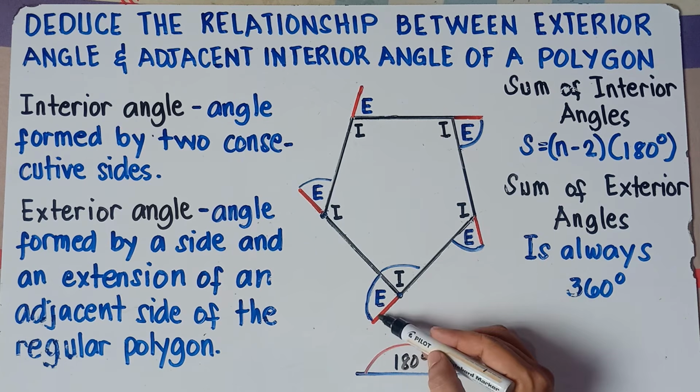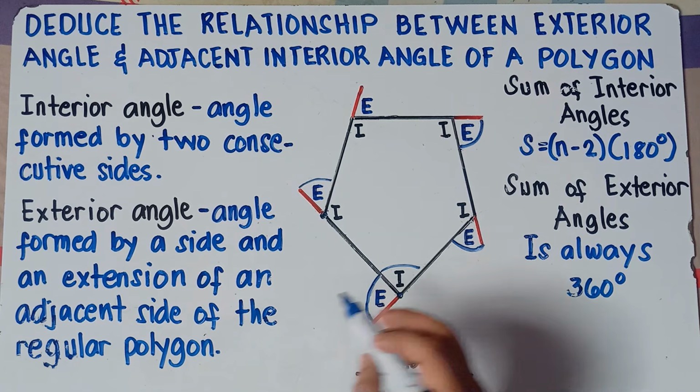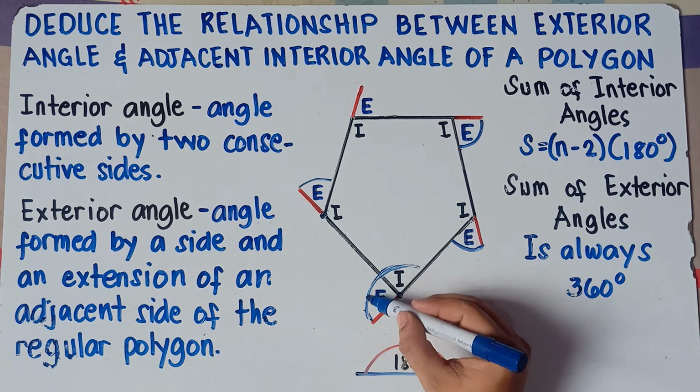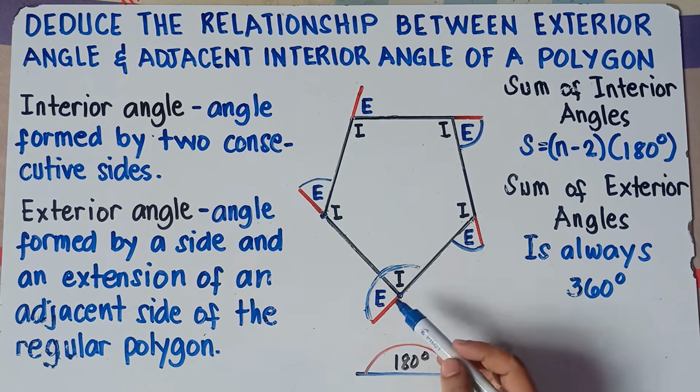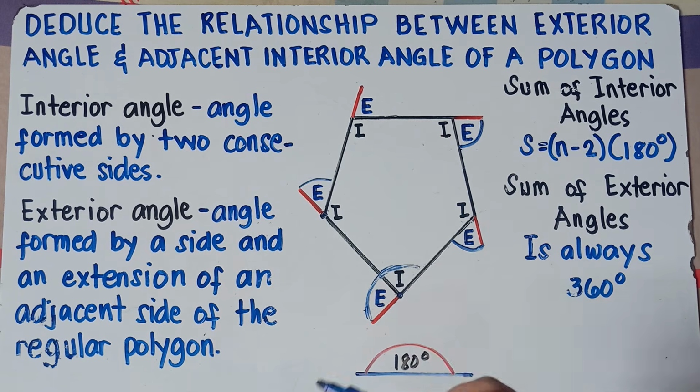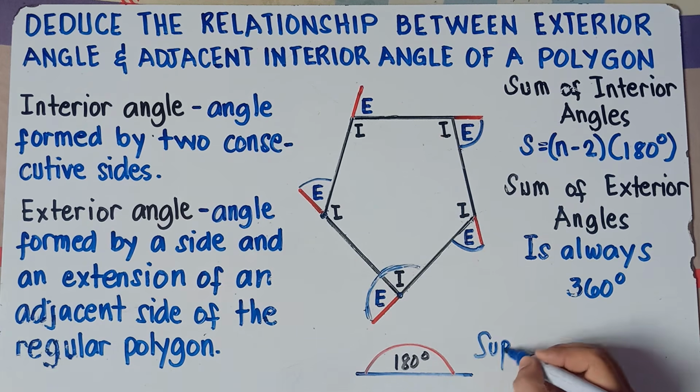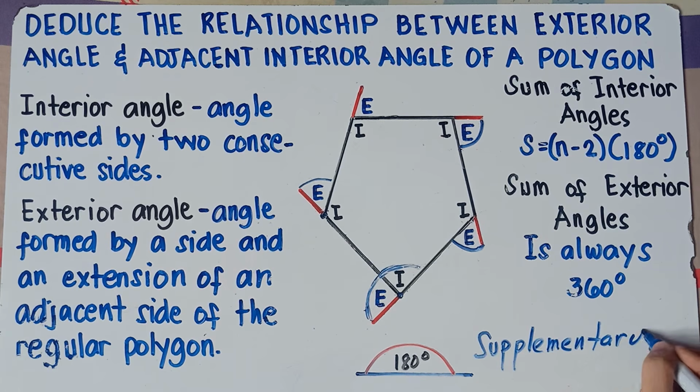A straight line forms a straight angle, and the straight angle is always 180 degrees. So when we add these two angles, it should be equal to 180 degrees. The sum of these two angles is always 180 degrees, and that's what we call supplementary angles, because when we add the two angles, it's always 180 degrees.